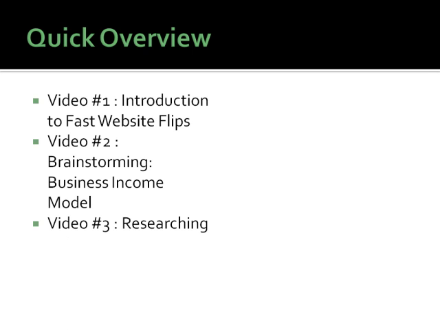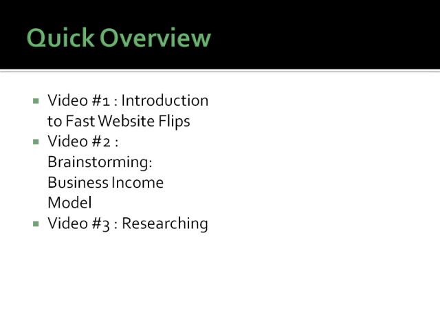Now, video number 3, we're going to talk about researching. Once you figure out your business income model that you want to build, or you get an idea of the different types of business models that you can build, you want to do the proper research. Research requires you to basically go on Flippa, go on different sites, observe, and then do some brainstorming and listing of different types of websites that you yourself can build.